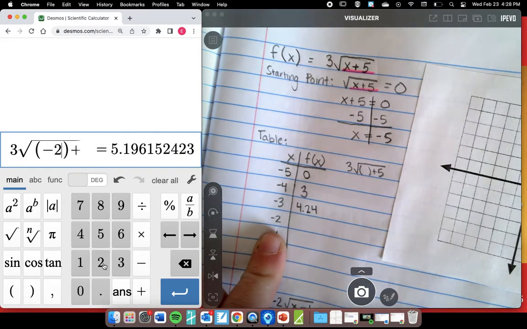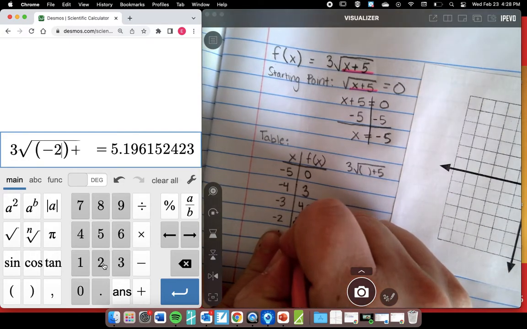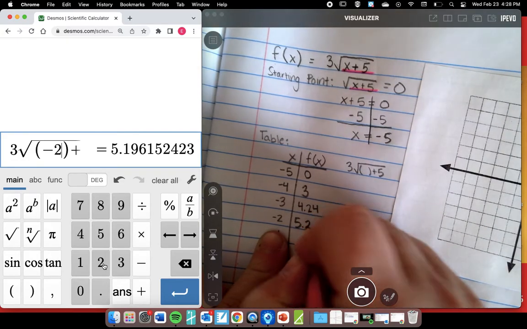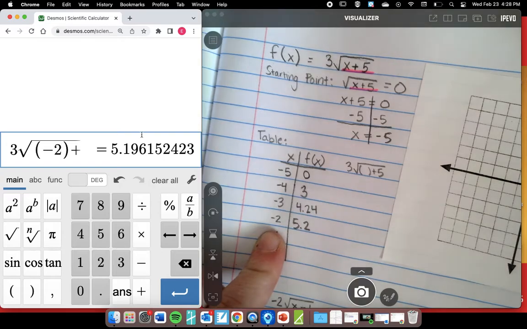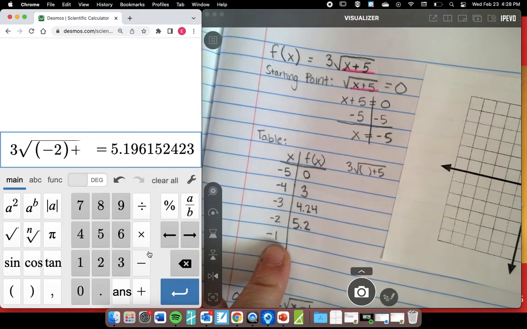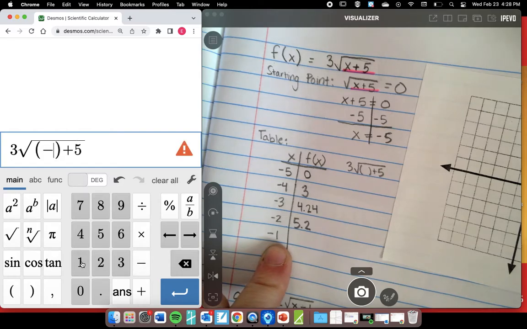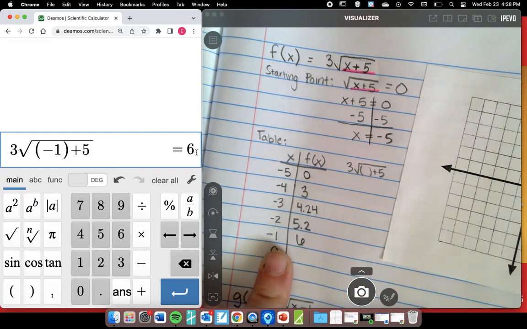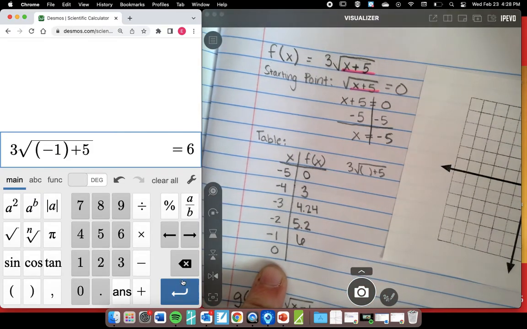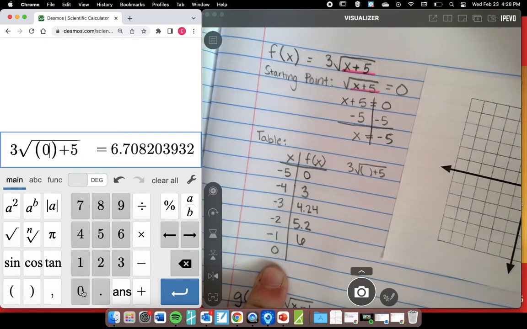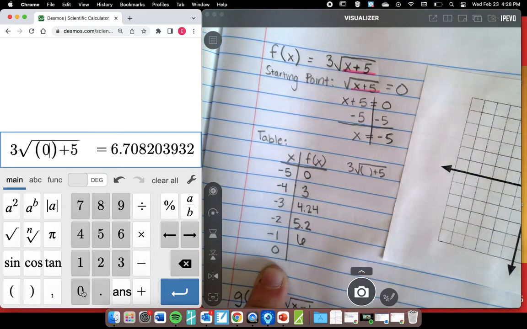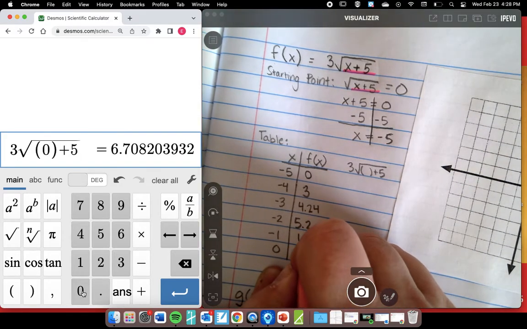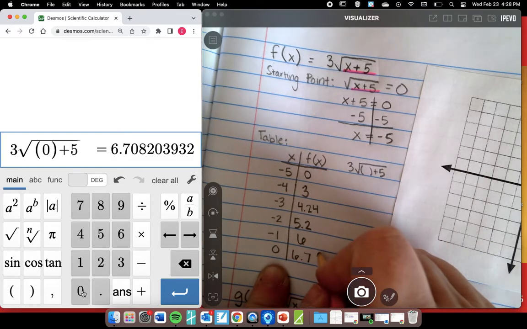Get 5.19, or 5.2 actually. The 9 tells us to round up. Delete the negative 2, put in negative 1. We get 6. And then we delete the negative 1 and put in 0. We get 6.7.